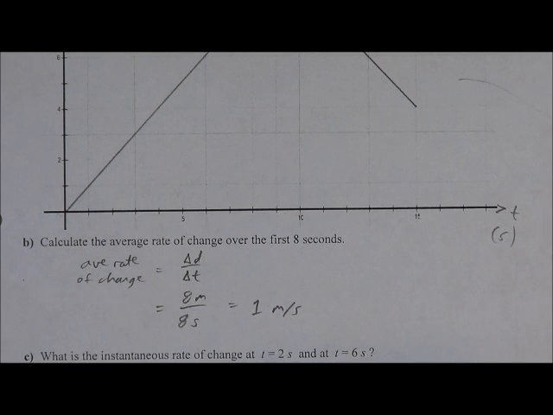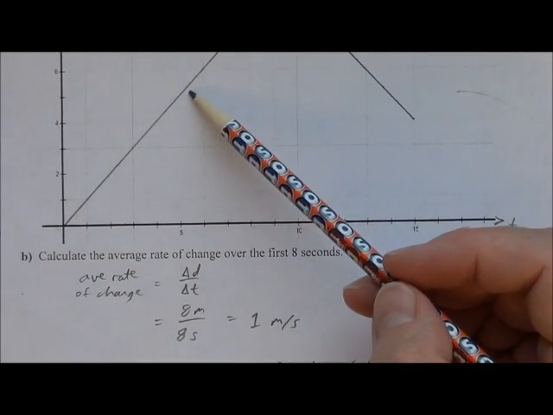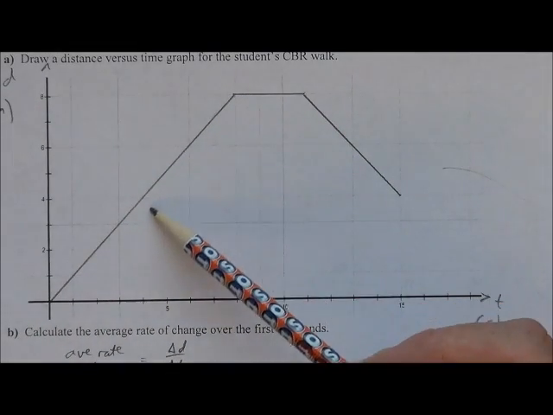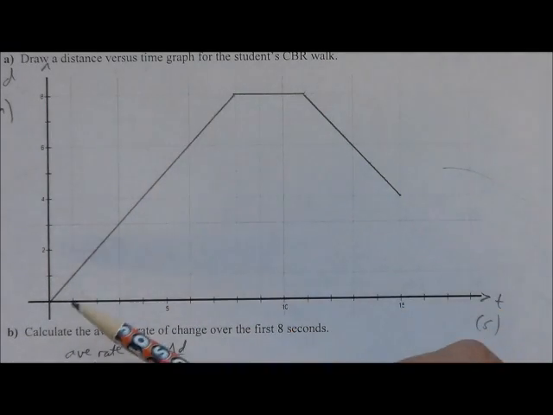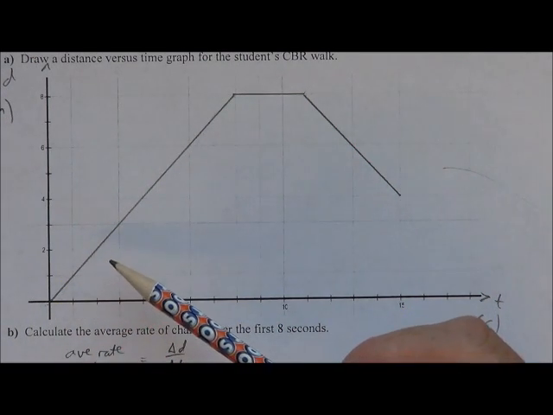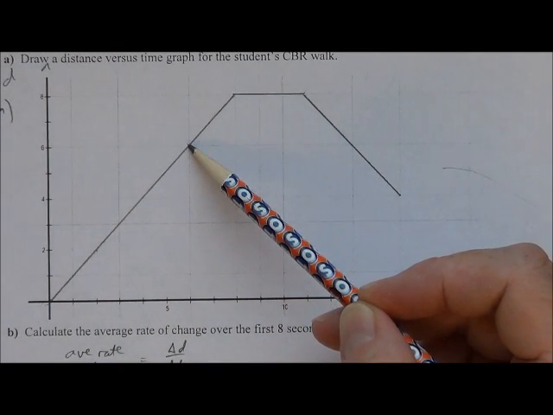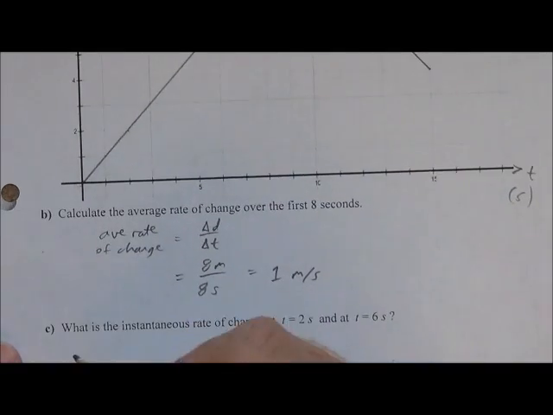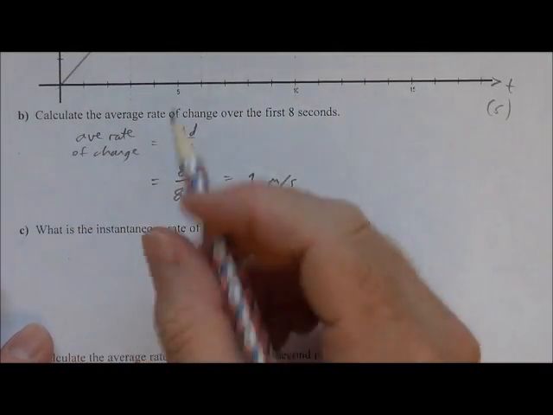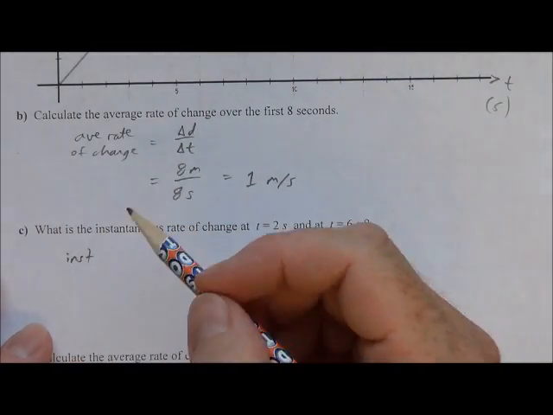And the instantaneous rate of change at time equals 2 seconds, or time equals 6 seconds? Well, if this is a constant rate right here, and over the whole 8 seconds it's 1 meter per second, then at the 2-second mark and at the 6-second mark it's also going to be 1 meter per second. Even though we can't calculate it, we know it's going to be that because the rate is constant.